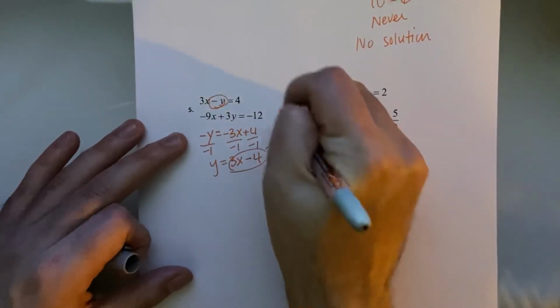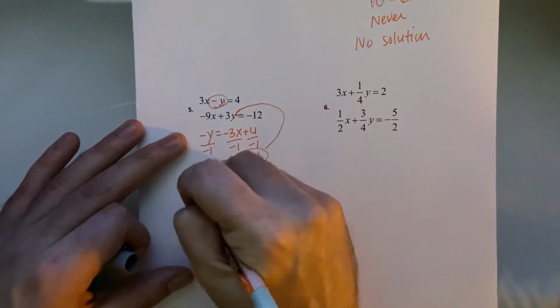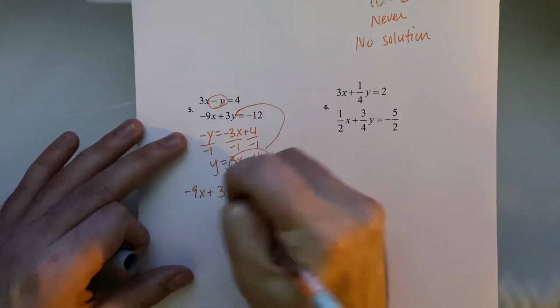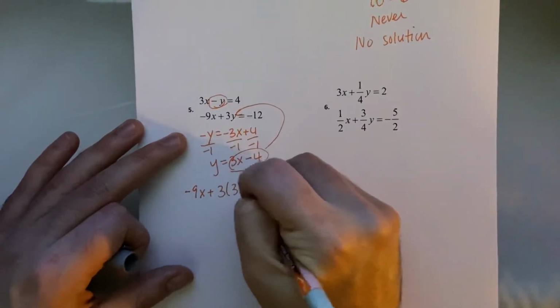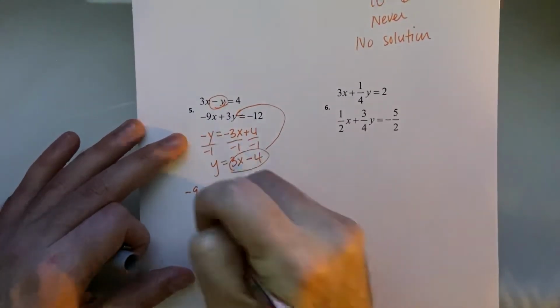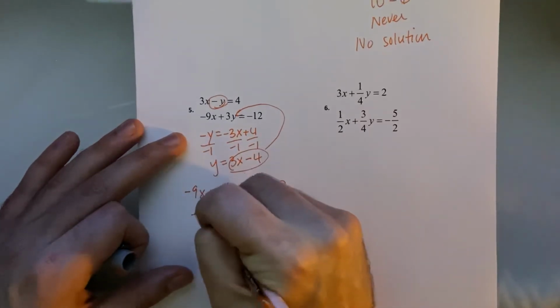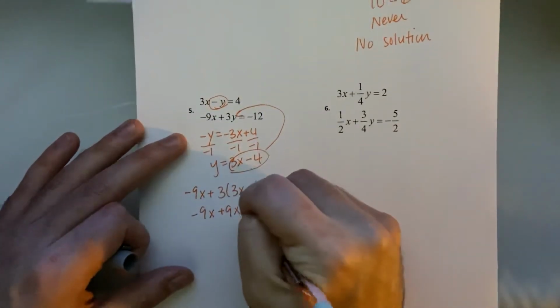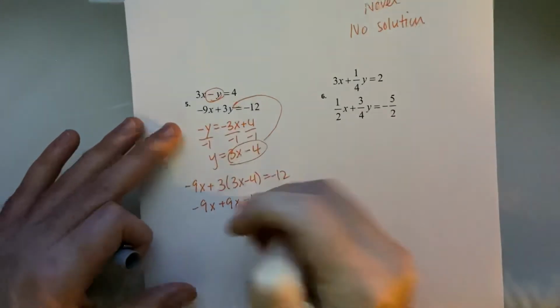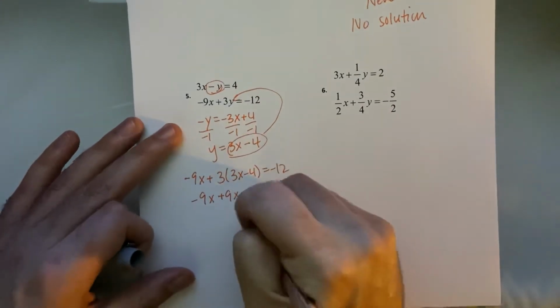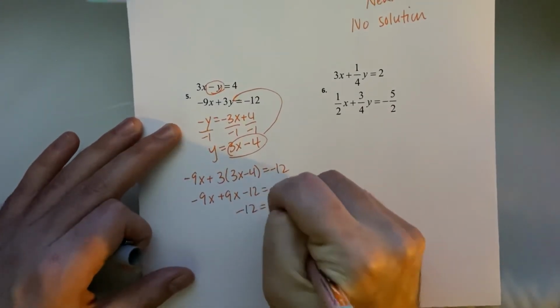This plugs into the y in the second equation, so we get negative 9x plus 3 times (3x minus 4) is negative 12. Distribute: negative 9x plus 9x minus 12 equals negative 12. The negative 9x and 9x cancel, so we get negative 12 equals negative 12.